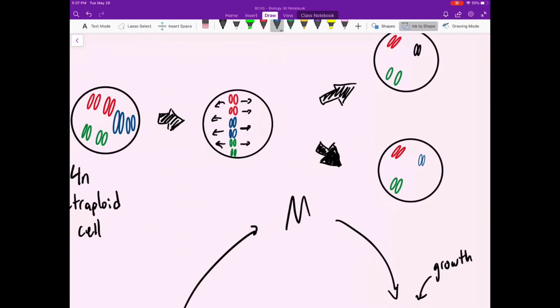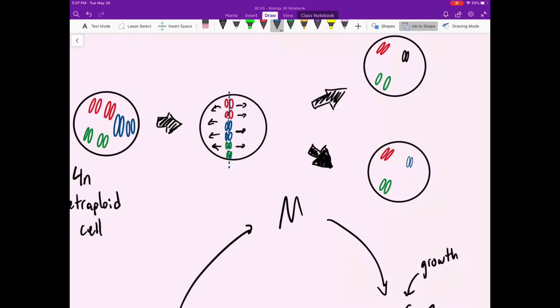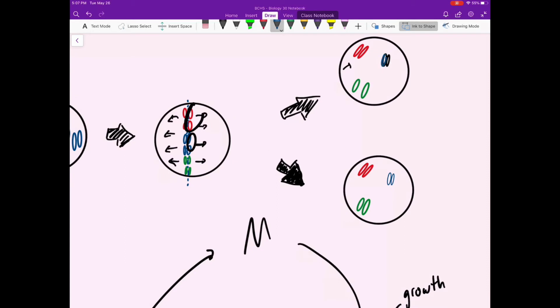A line will go right down the middle, and the chromosomes will be split apart, and the cell will divide itself into 2 daughter cells, and the 2 daughter cells will each have, again, 2 copies. So these 2 copies went over here, these 2 copies went over here, and so on. Just noticing my color coding, that one went black. That should be blue.